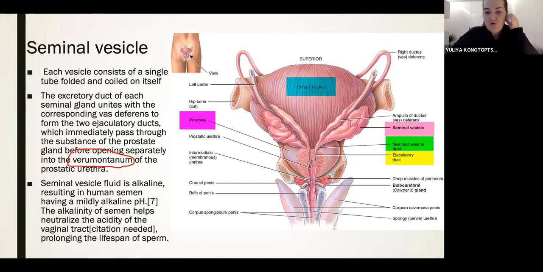These are bulges where the ejaculatory ducts protrude through the prostate into the prostatic urethra. So I repeat, in anatomy, especially Schorzoli could ask you this kind of question about the verumontanum. These are just bulges in the prostatic urethra through which the ejaculatory ducts are opening up.